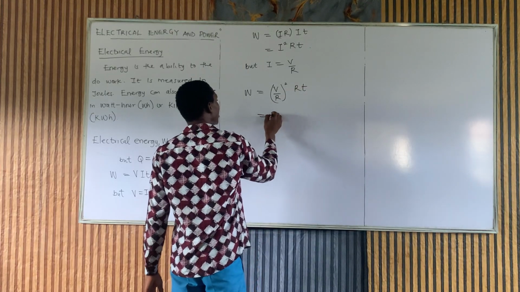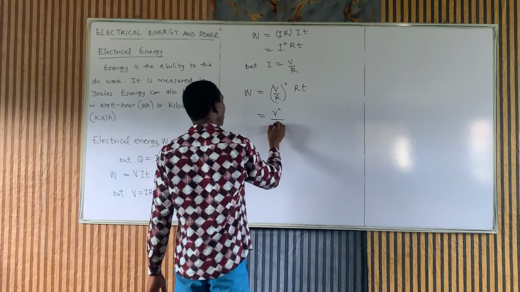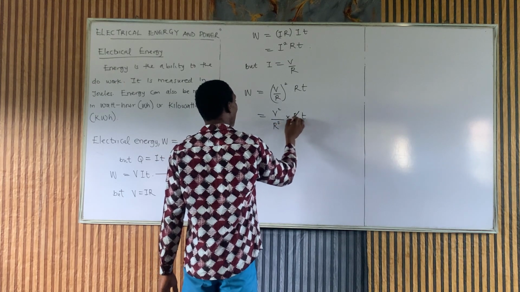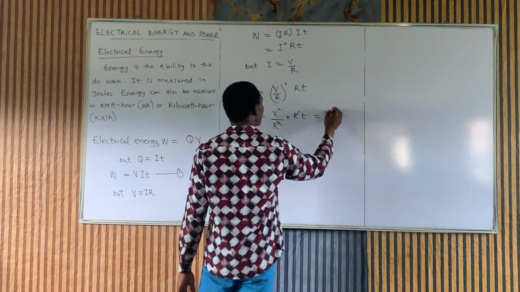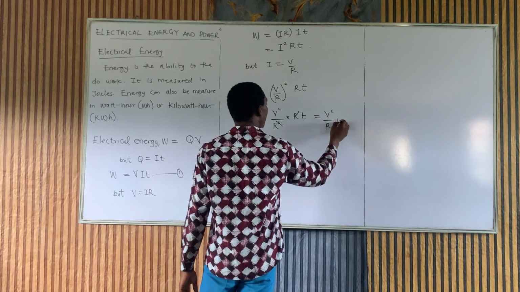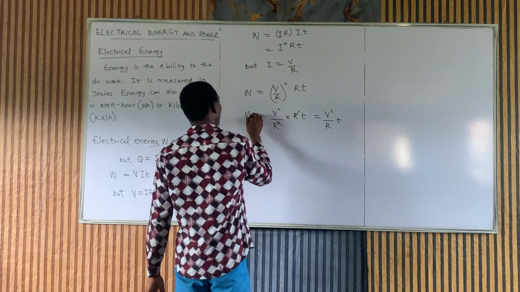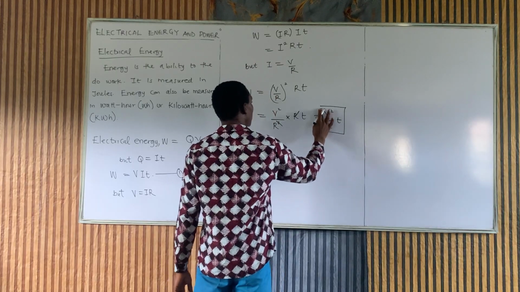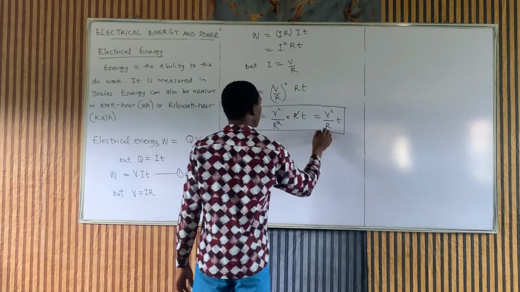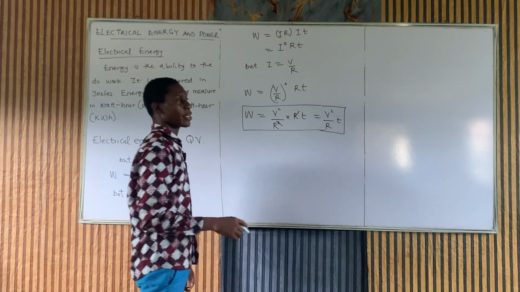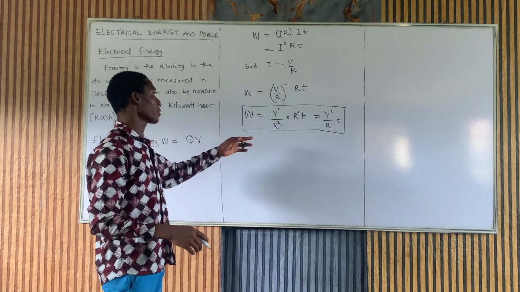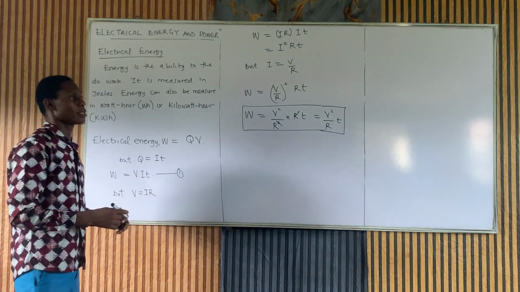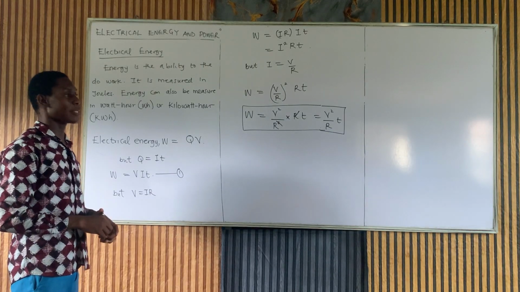And this will be V squared over R squared times RT. R eliminates one of the R here. So this gives us V squared over R times T. This is another relationship for electrical energy. So this is the electrical energy relationship, or we can use this, or we can use this. So that's that about electrical energy.